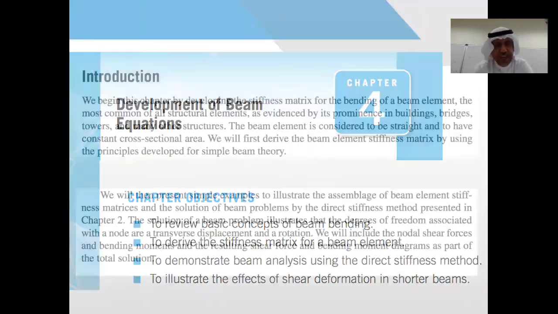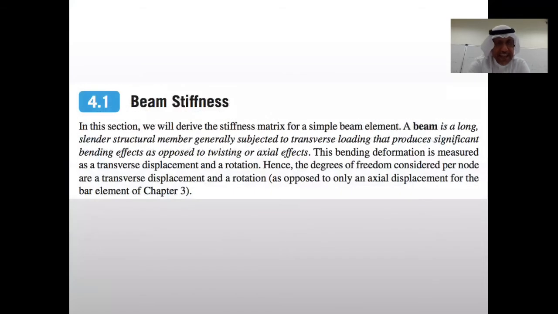So let us start with the easy thing. The easy thing is we use only bending. Yes. We derive the stiffness matrix for simple beam. A beam is a long, slender structure member generally subjected to transverse loading that produce significant bending effect as opposed to twisting or axial.